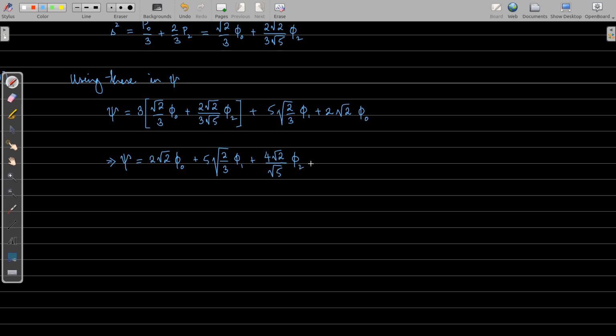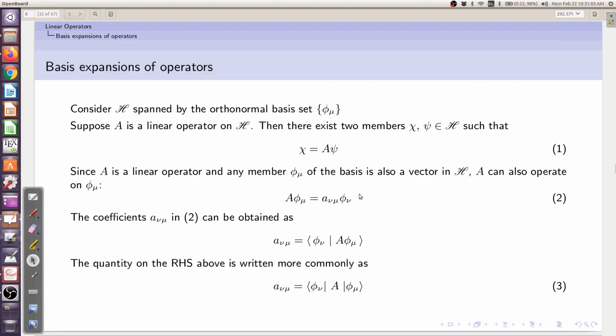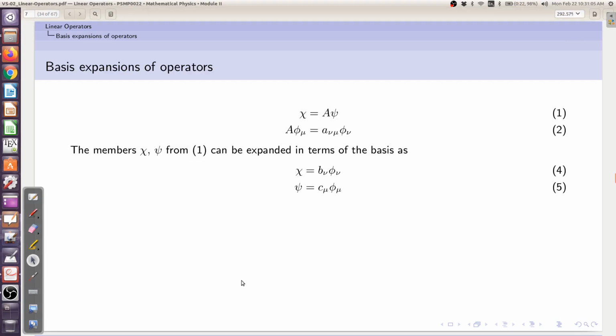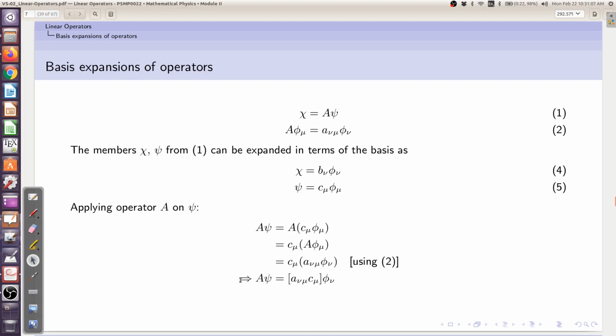So this is what we have. These are the coefficients, right? Because this is nothing but your c mu phi mu, where mu goes as 0, 1 and 2. So these are your c coefficients. And if you recall, here we represent this in terms of c.